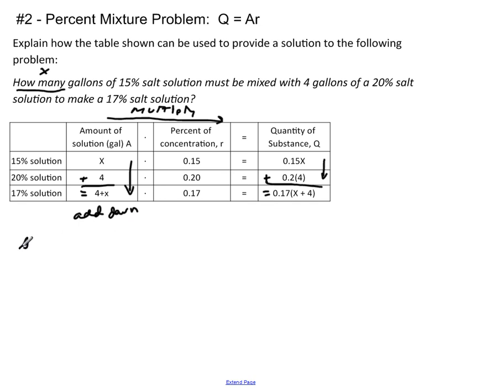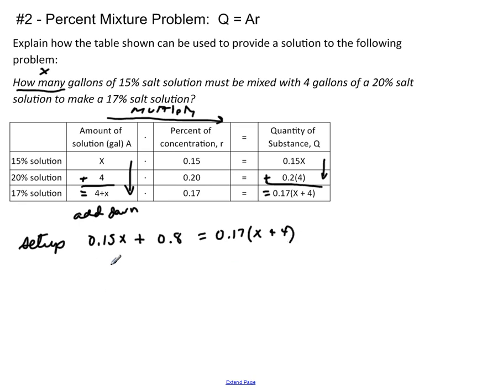So our setup in this case is telling us that if we take 0.15 times the X gallons of salt that we have in our 15% solution and add 0.2 times 4, well, that is actually 0.8. That's going to give us our 0.17 times the total of X plus 4 gallons to get our total amount of salt.